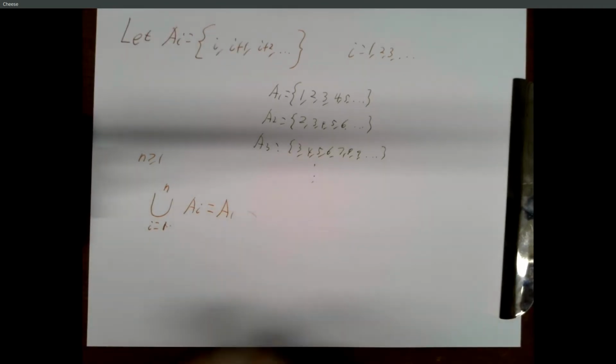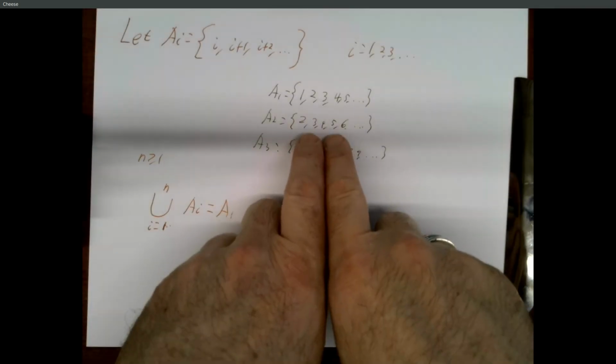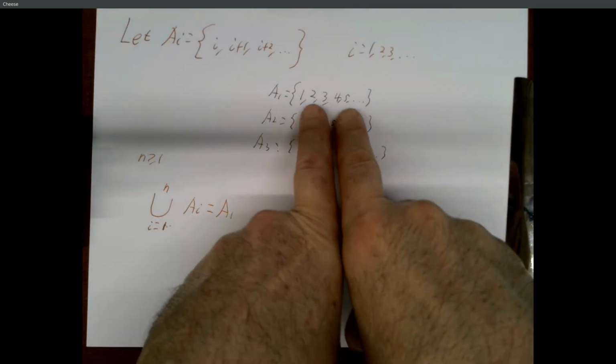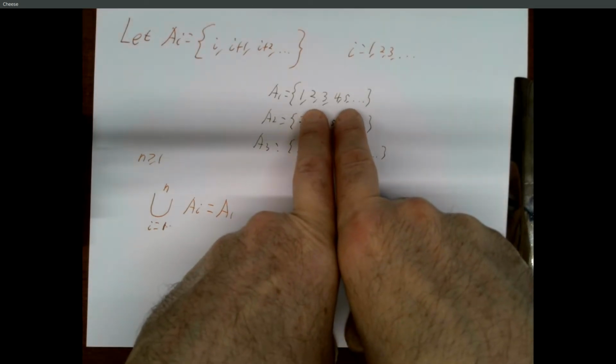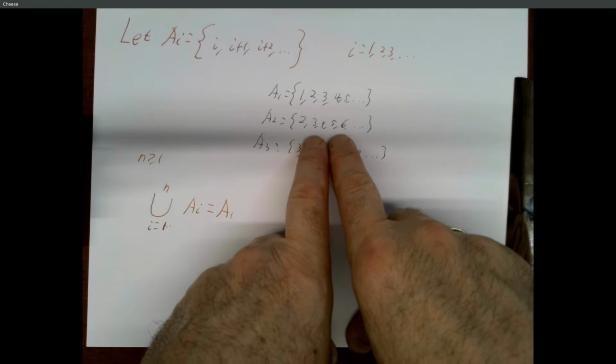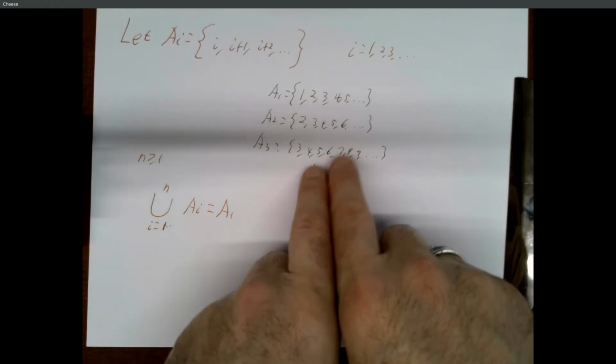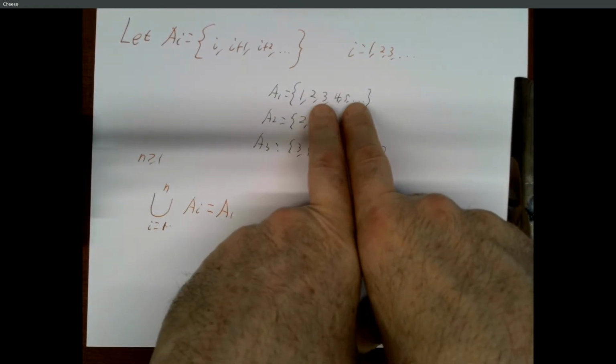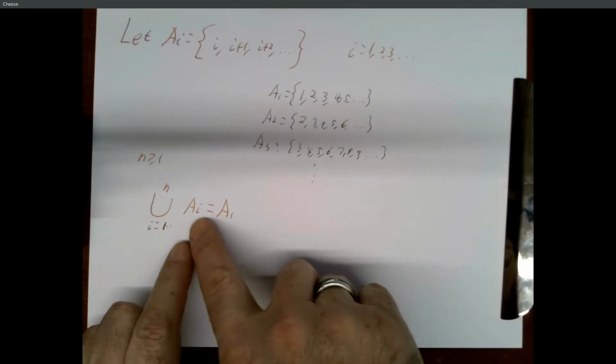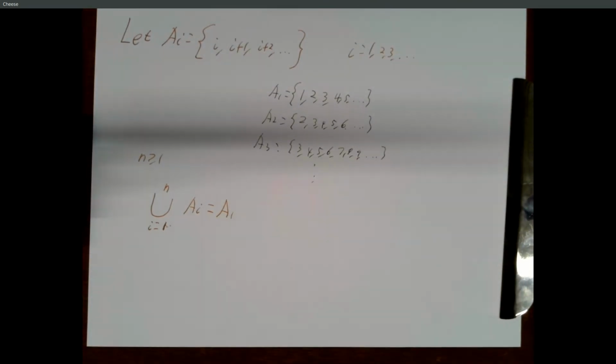Because a union is just a collection of all the stuff from all the sets taken together. Well, every one of these sets, A2, A3, A4, is a subset of A1. So anything I find in A2, I already find in A1. Anything I find in A3, I already find in A1. So when I take all these things and put them together, I'm not adding anything new to A1.